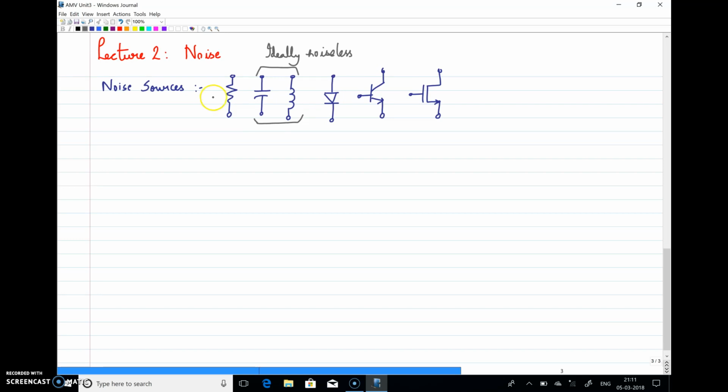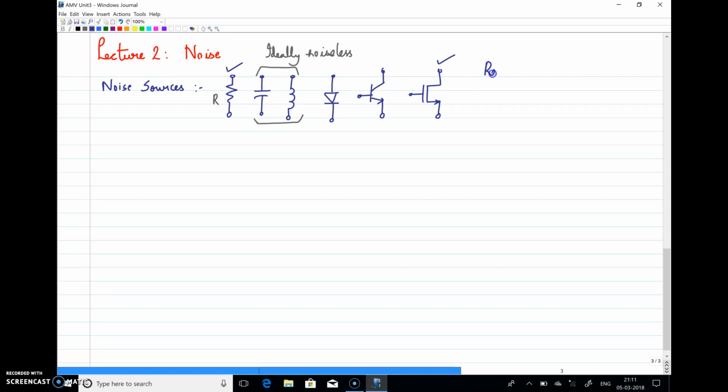Now, the resistor, diode, BJT or MOSFET, all these components produce noise, and in our discussion we'll be considering the noise of resistors as well as the noise of MOSFETs. All semiconductor devices will produce noise, and we'll consider resistor noise and MOSFET noise in detail.